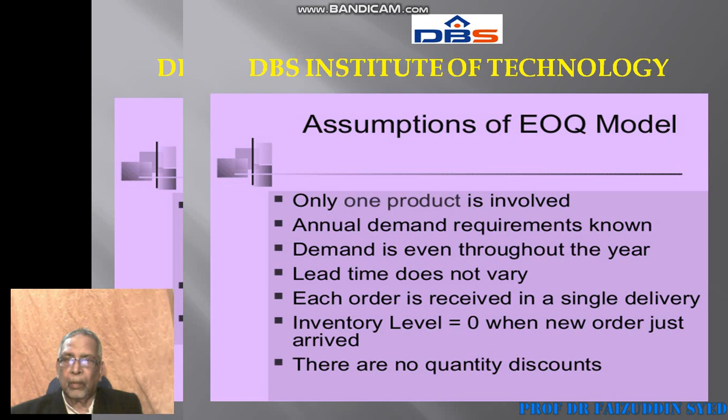Now we will assume an EOQ model. Suppose you take only one product, one material which is used in the production. We know how much of the material is needed for a year.